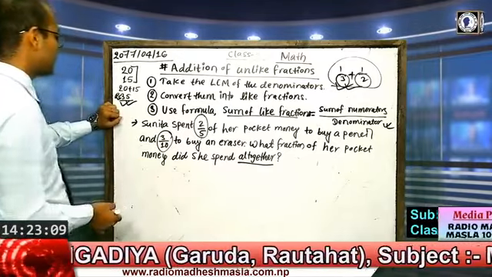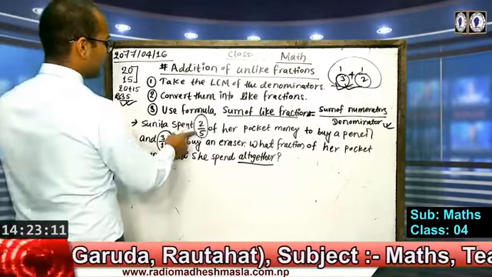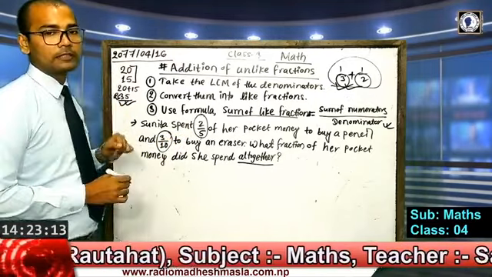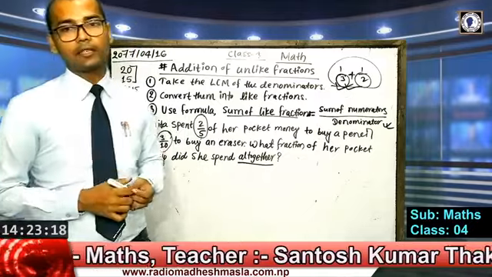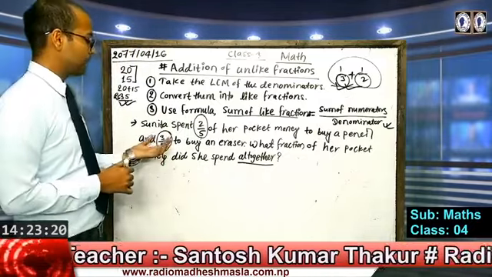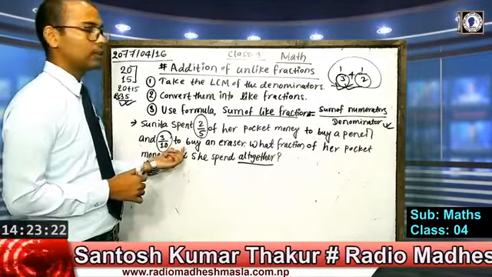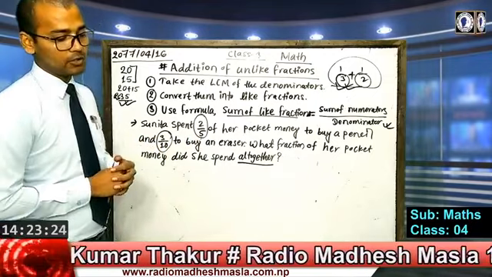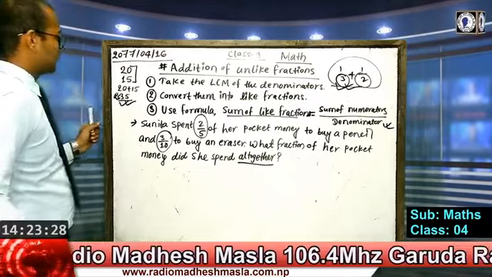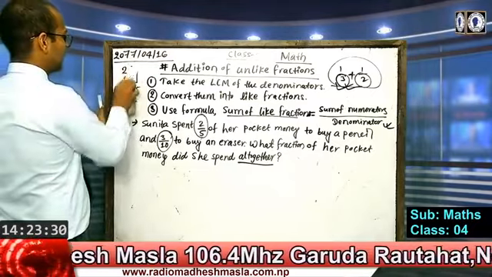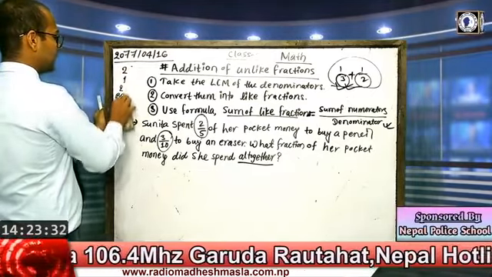First we should identify whether the fractions are like fractions or unlike fractions. These two fractions are unlike fractions, so we should do the question in this way.